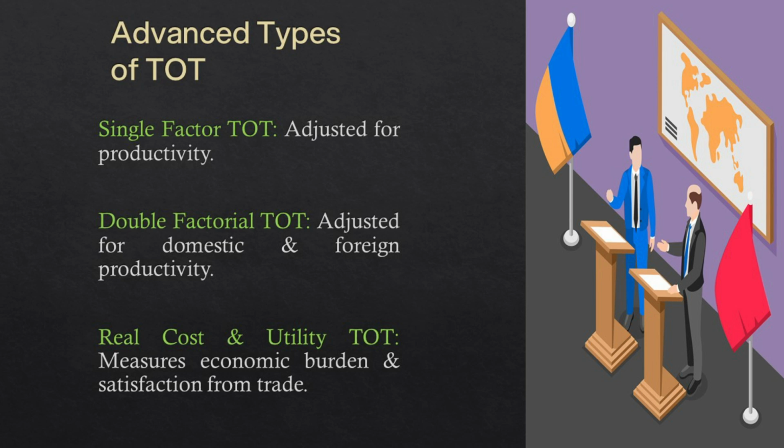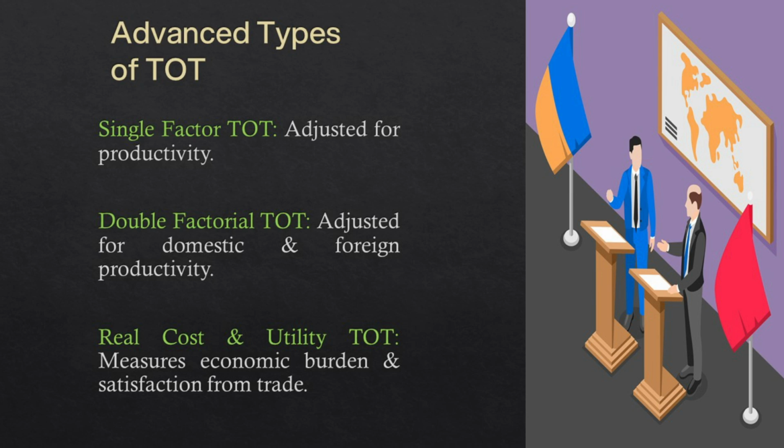Next is utility terms of trade. The utility terms of trade is calculated by multiplying the real cost terms of trade index with an index of the relative average utility of imports and of domestic commodities foregone.